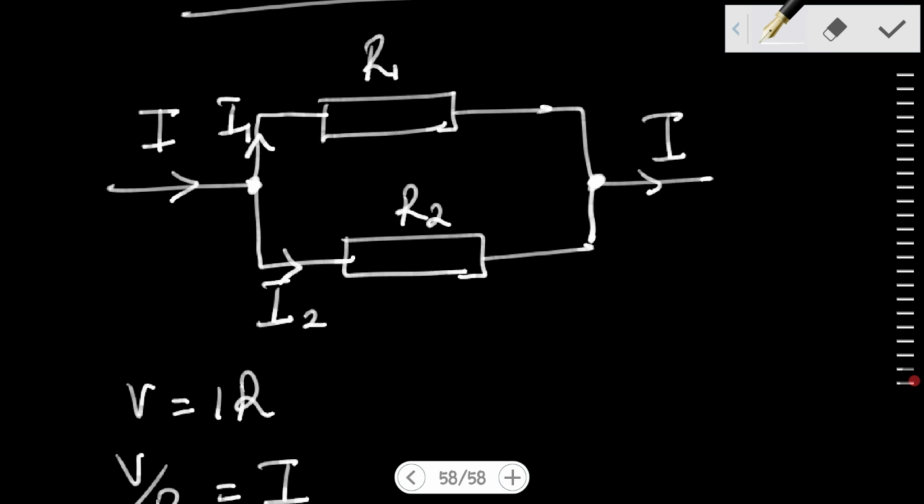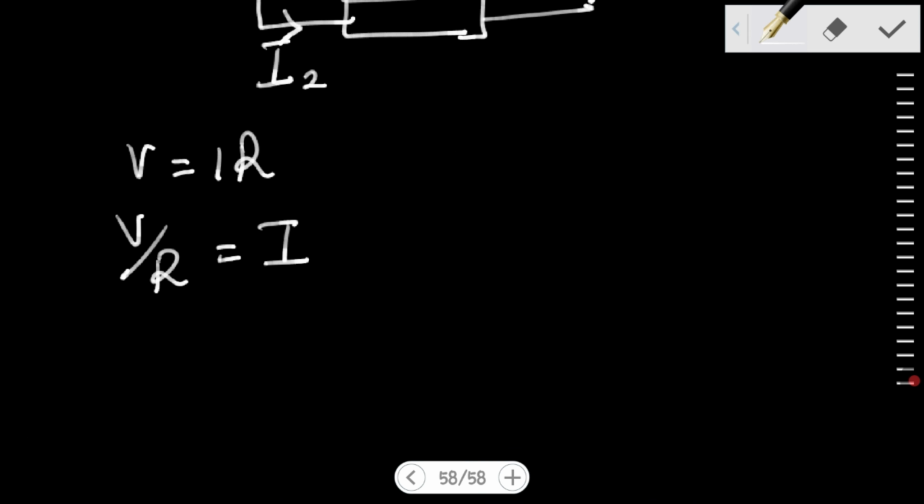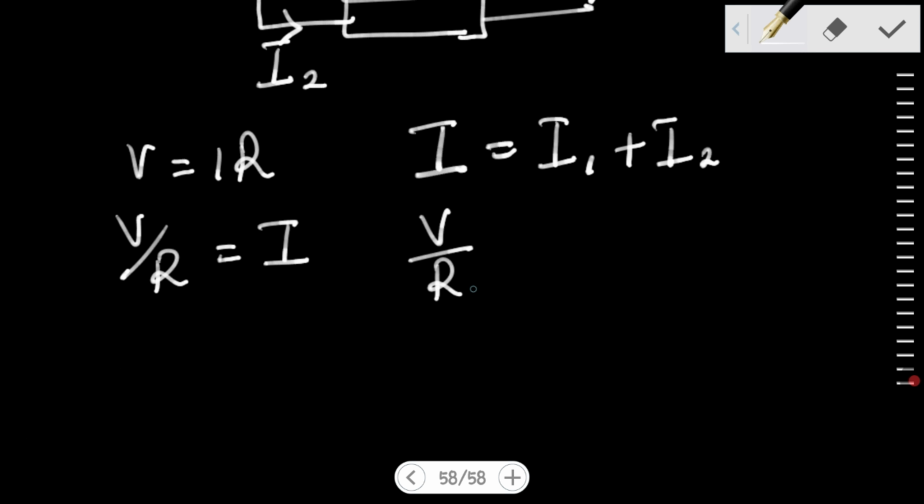I know that I1 plus I2 gives me the total current, so I is equal to I1 plus I2, and I is equal to V over R. That means V over RT, where RT is the total resistance, is equal to V over R1 plus V over R2.